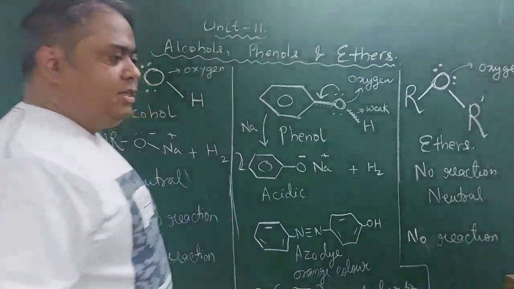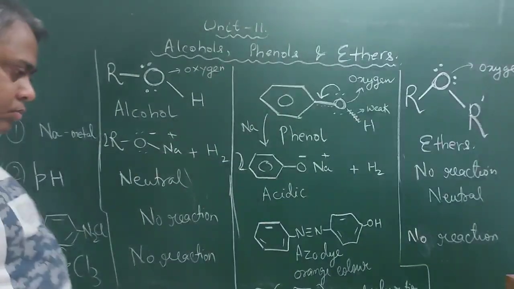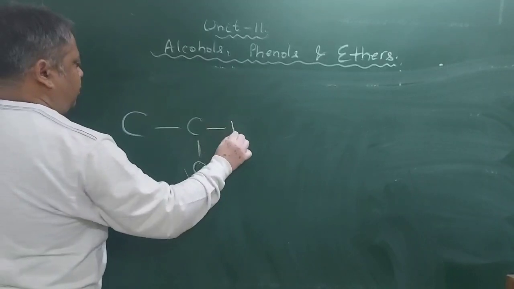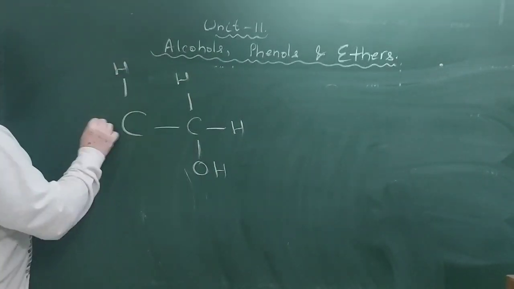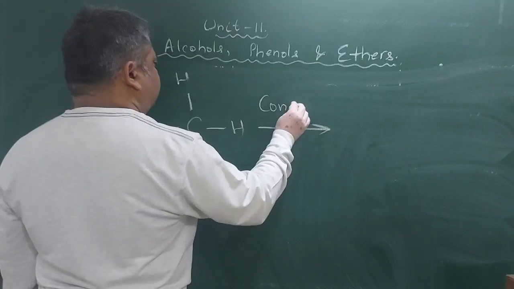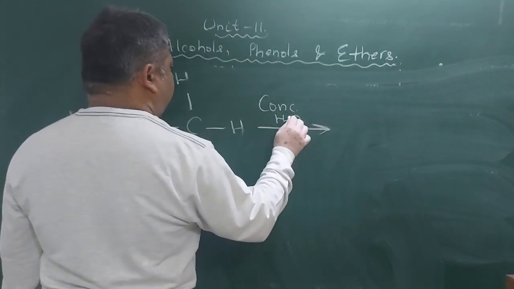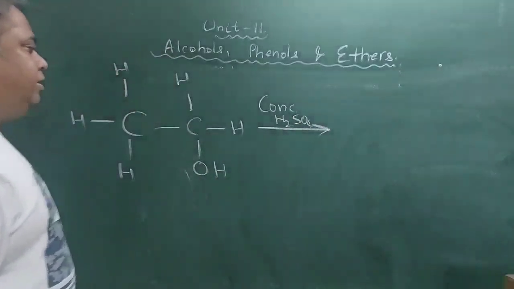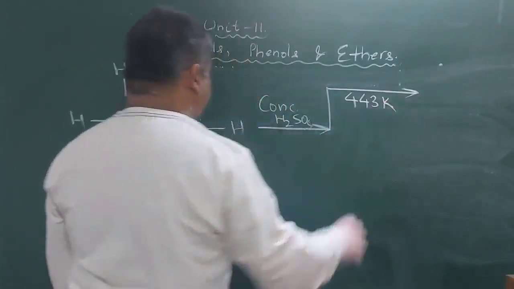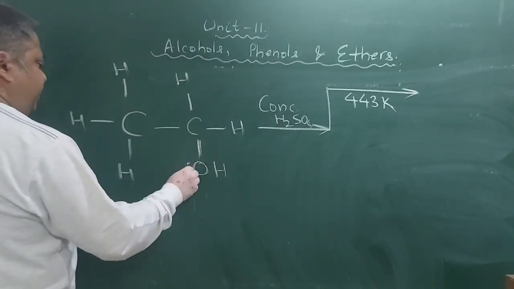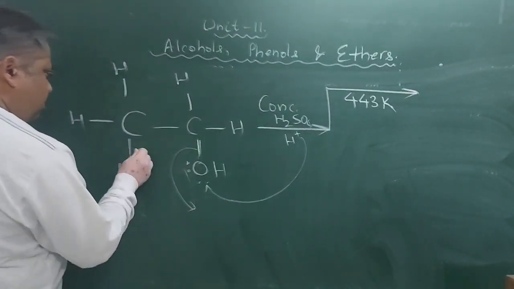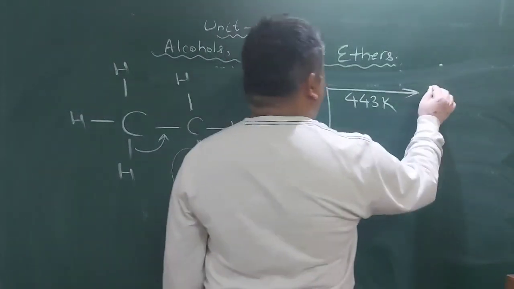Alright. Some more interesting similarity I can show you. You take ethanol, and if you treat it with concentrated H2SO4, then at a higher temperature, that is 443 Kelvin, dehydration can take place and can form ethene.